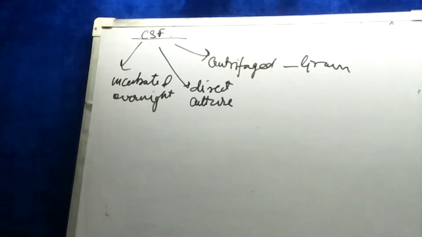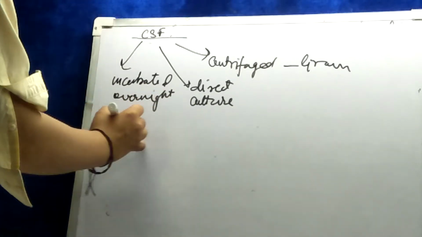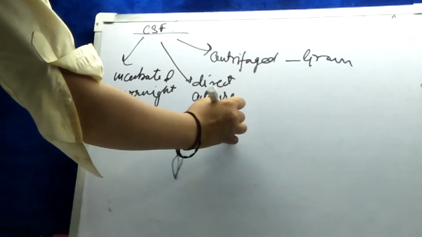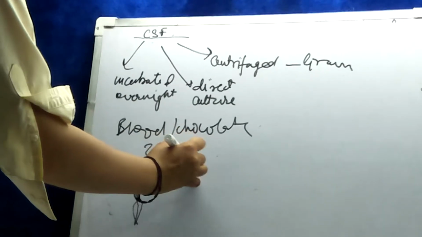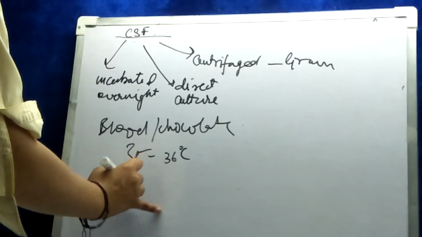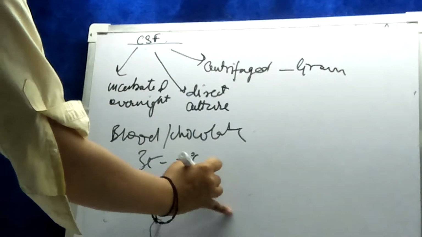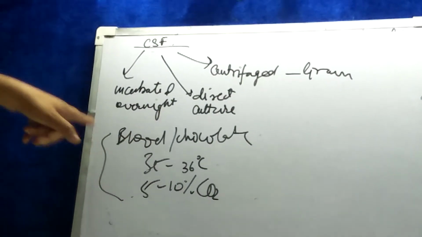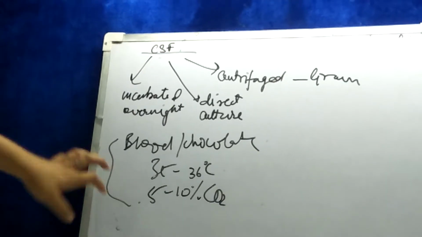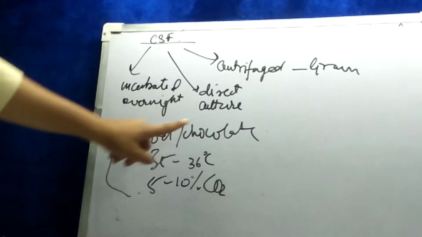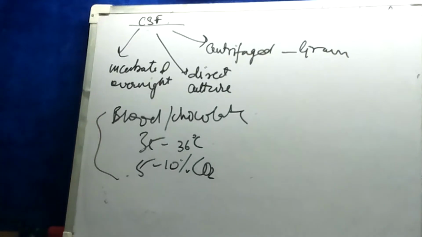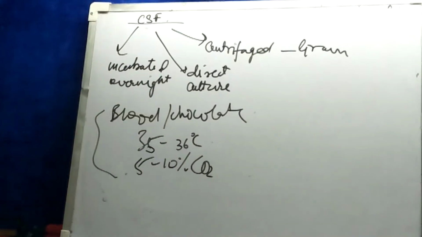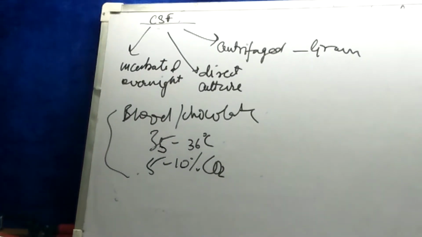Then comes the culture. CSF is cultured on blood or chocolate agar at 35 to 36 degrees Celsius with 5 to 10% CO2. This is very important, because in blood culture also, when we use blood as specimen, we do it on blood agar and chocolate agar with 35 to 36 degrees Celsius temperature and 5 to 10% CO2.